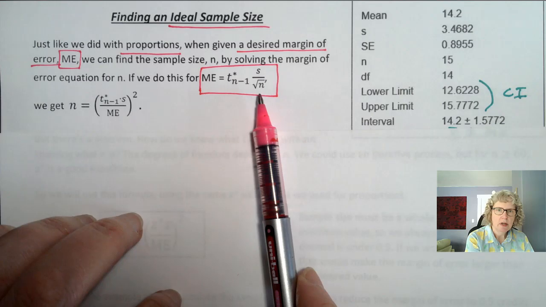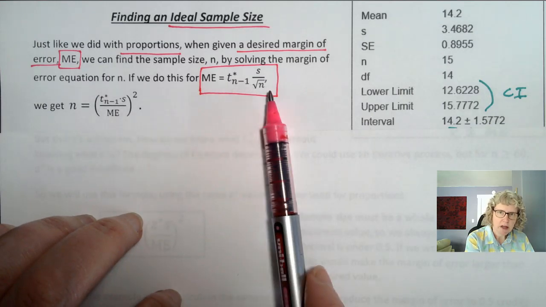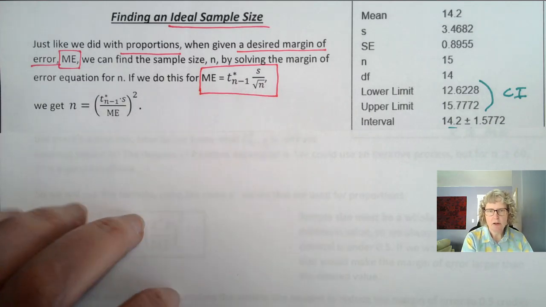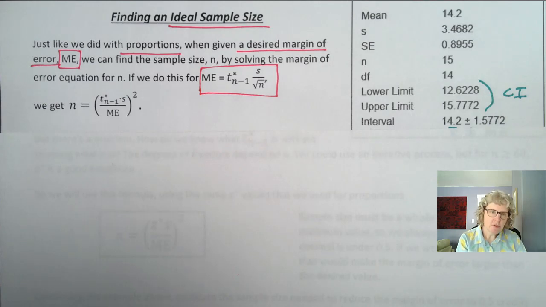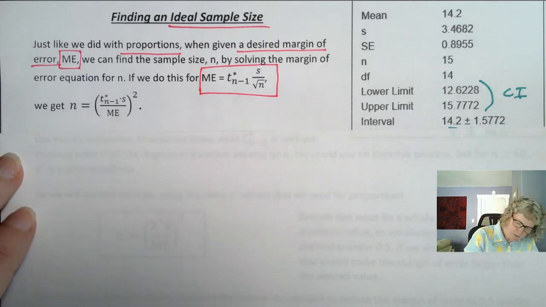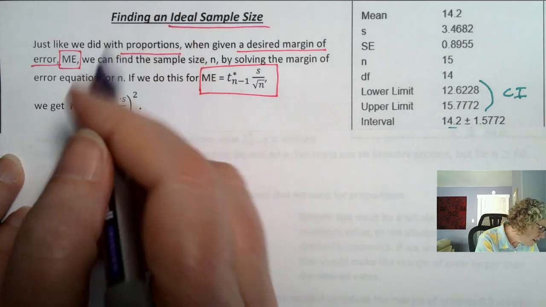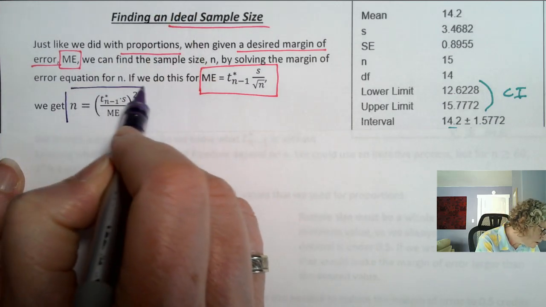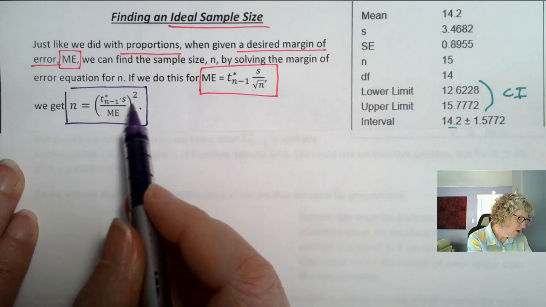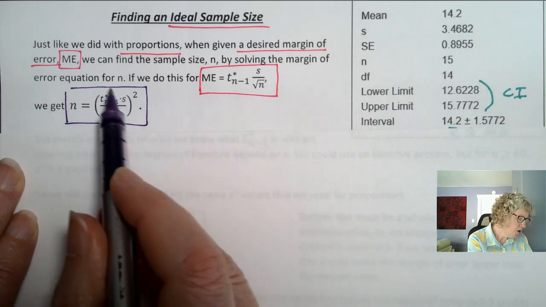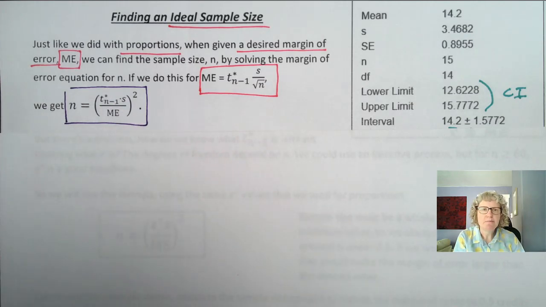If you square both sides, multiply both sides by n, and rearrange using algebra, you get this version: n equals t star times s over the margin of error, all that squared.